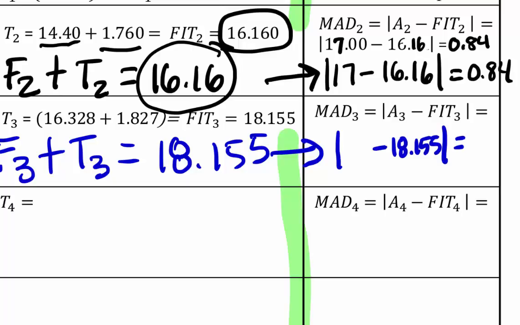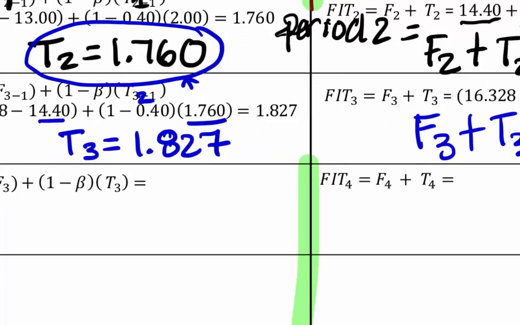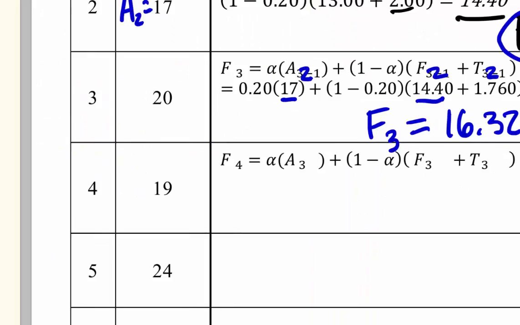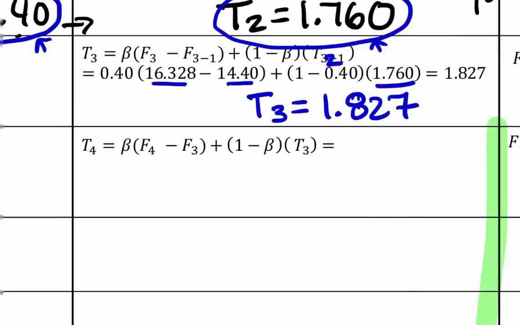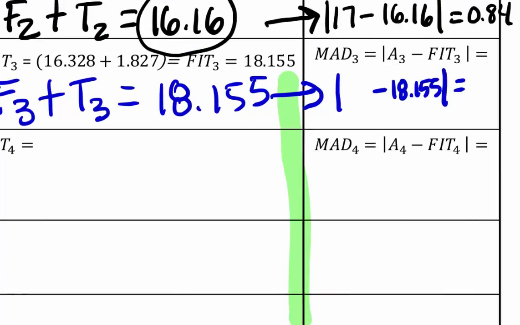I'm going to have to go back here and look at what A of 3 is. A of 3 is equal to 20. So we'll go back over here and put that in. And 20 minus 18.155 is 1.845.